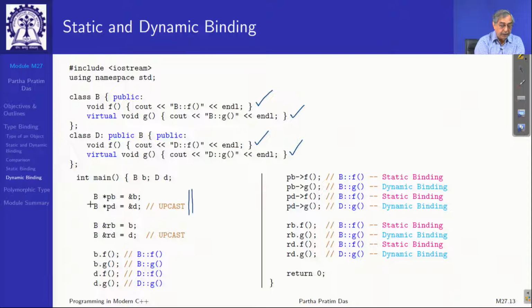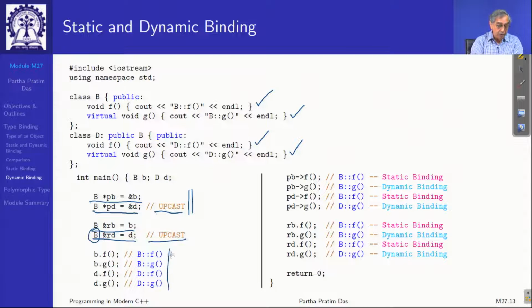So, you can have a pointer p b which holds the base class object, pointer p d which holds the derived class object, but p d is of type base class. So, there is an upcast involved here. Similarly, just to illustrate, the same mechanism can be done for reference, I have also created two references. One is a reference to the object B and the other is a reference to object D, but the reference is of type B, base class type, again an upcast.